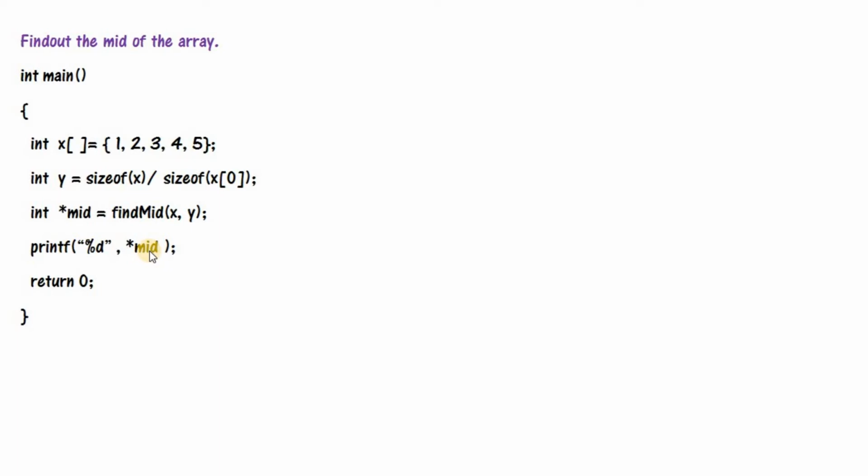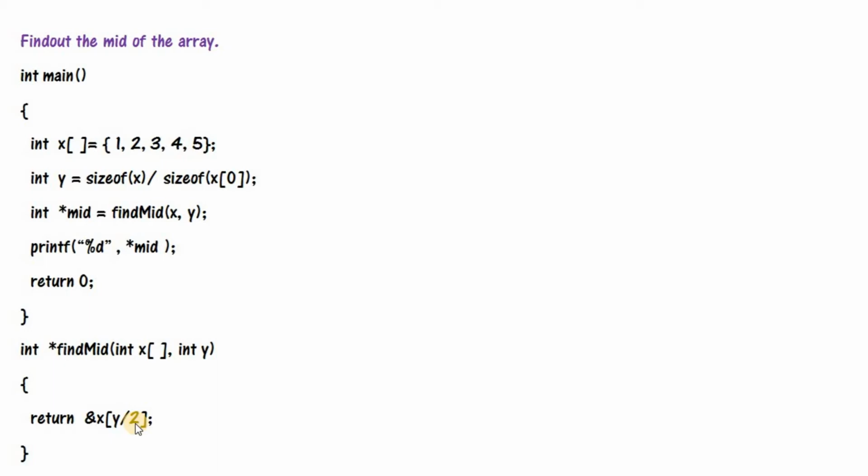Let's see how the find mid function works. In the definition of this function, see, we have written the address of x[y/2]. What does it mean?